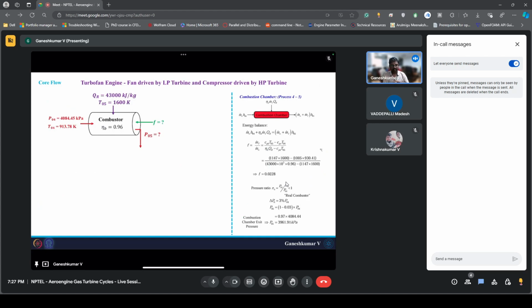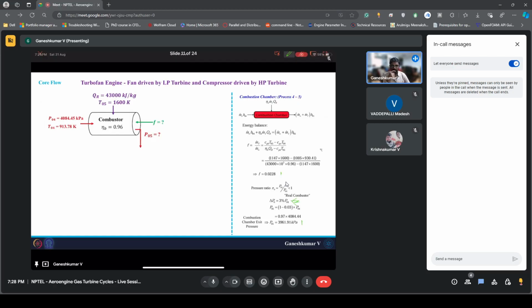Okay. The next component that you have is combustor, and in the old configurations, what we saw was this is the fuel air ratio, and this is the pressure that we found for this case. Now, for this, there is a pressure loss of 3%, the same pressure loss that we are taking here.